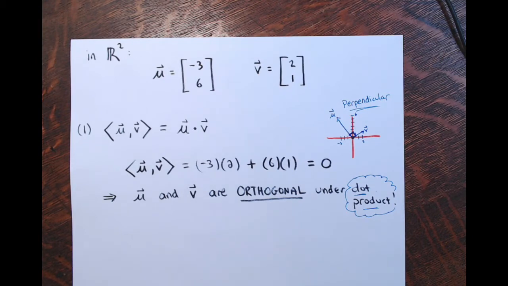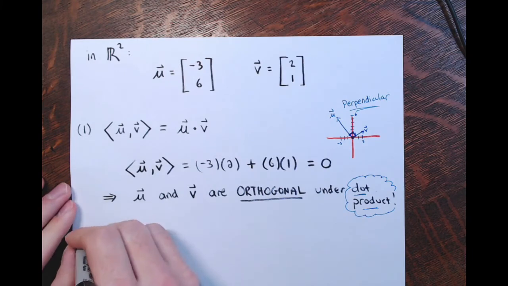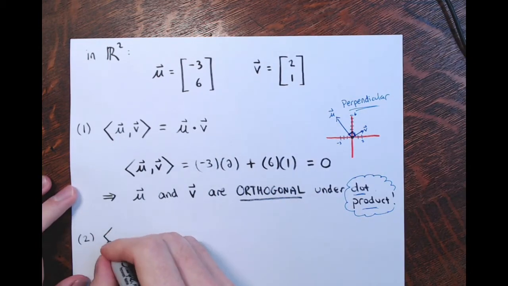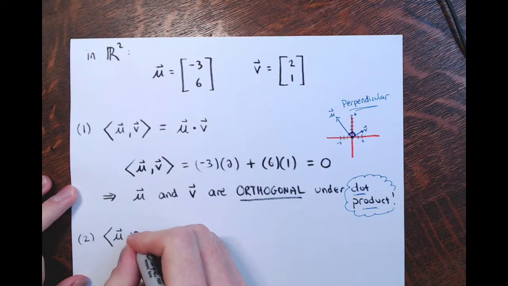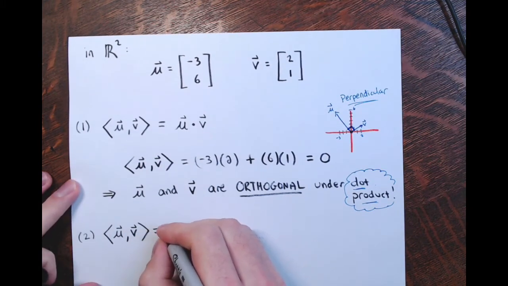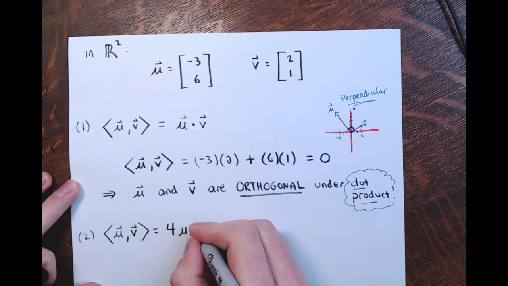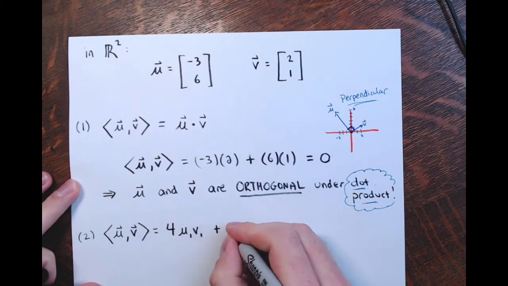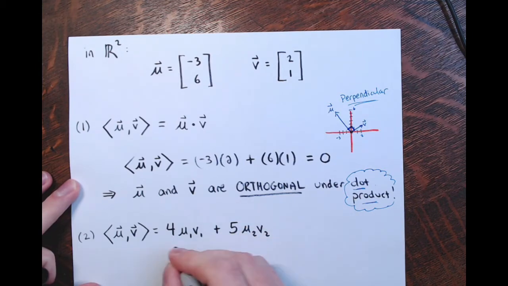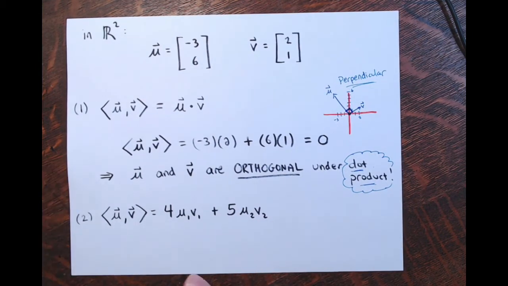So if you have some other inner product, their second example is this weighted Euclidean inner product, where the inner product of u with v is defined as 4 times the product of the first components plus 5 times the product of the second components. Well, let's check this.